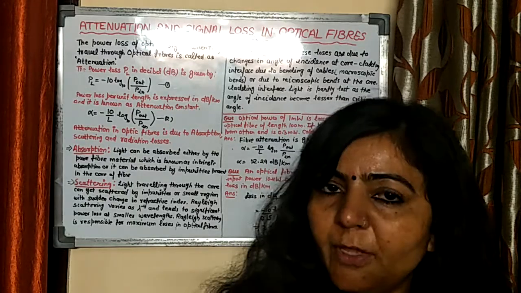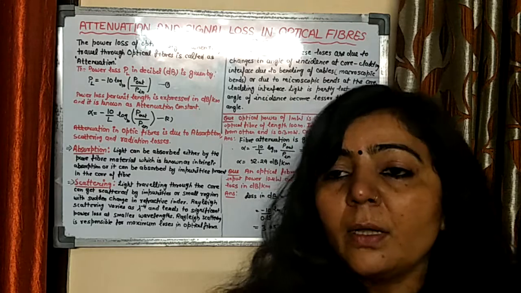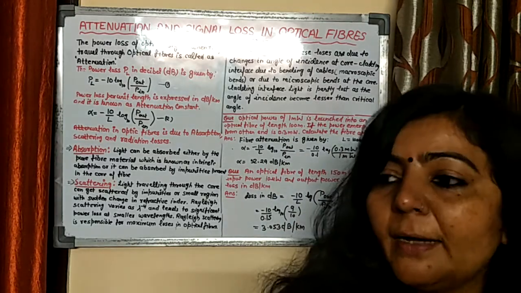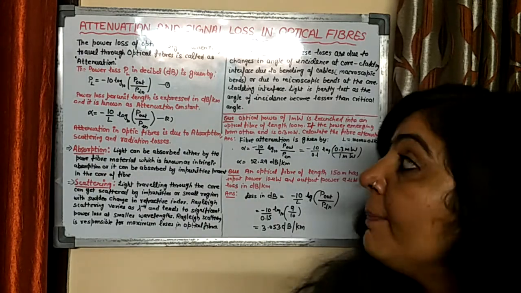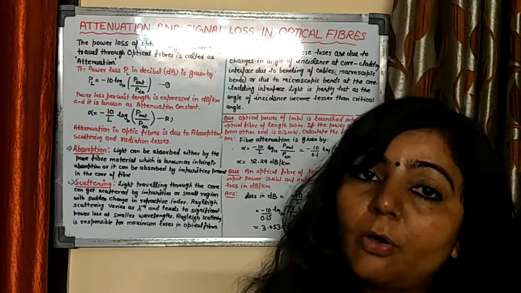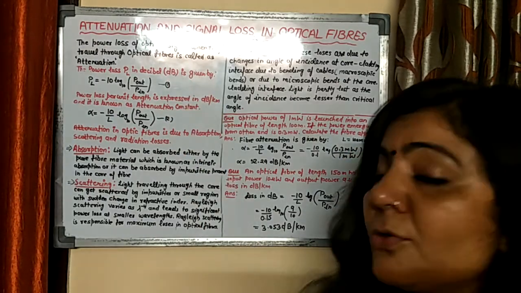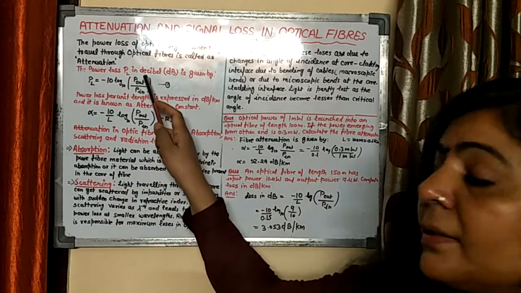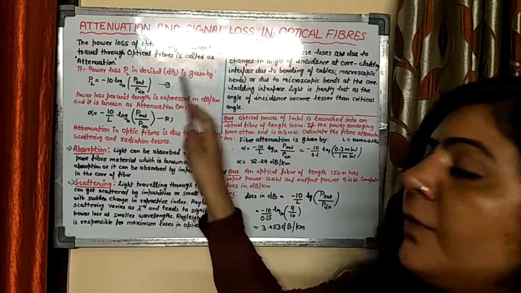So there are many factors which are responsible for signal losses, because of which the input which we provide at the transmitting end is not exactly transferred to the output end. Basically this energy loss, this power loss in optical fibers, is known as attenuation. And this power loss is expressed in terms of decibel.